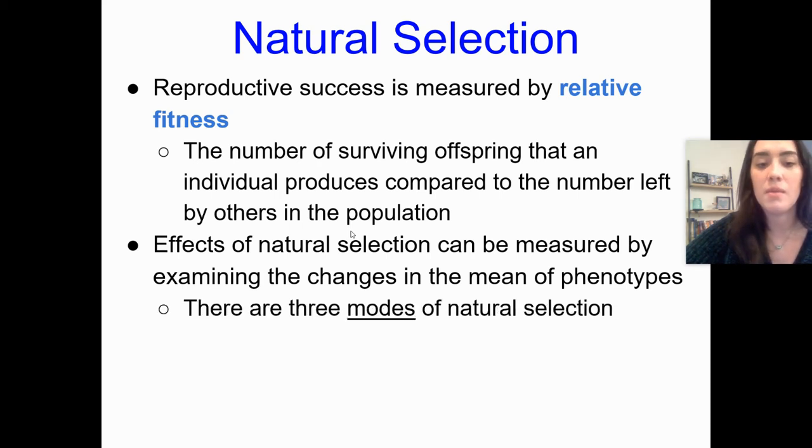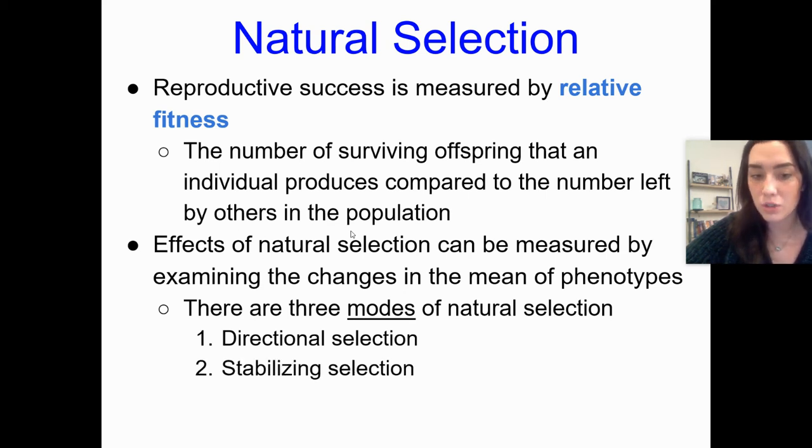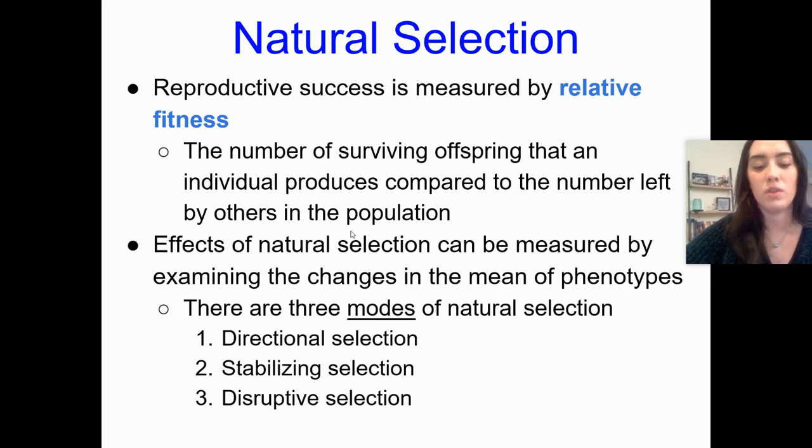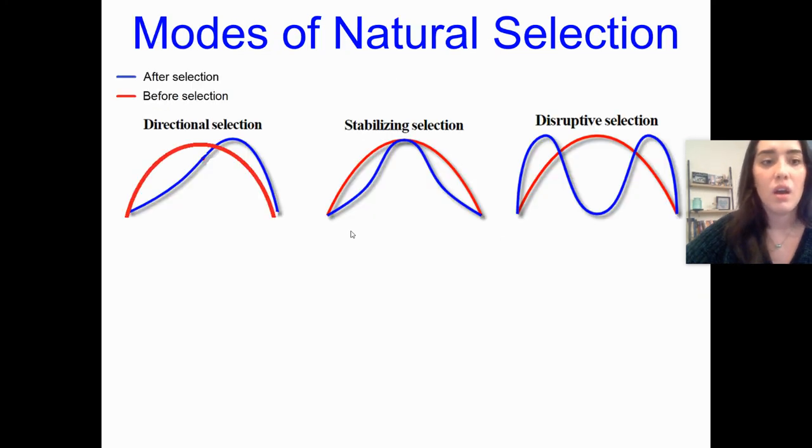Okay, so the effects of natural selection can be measured by examining the changes in the mean of phenotypes. And there are three modes of natural selection: directional selection, stabilizing selection, and disruptive selection. We'll talk about all three of those, and I'll give you a visual for that. So directional selection: the red is before selection, and this is a bell curve, just a normal curve if we're talking about statistically.